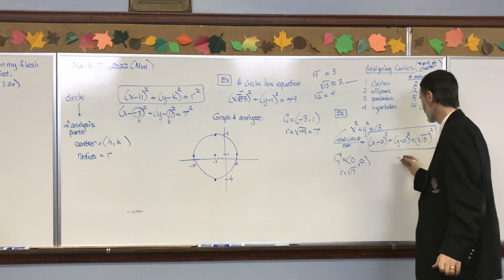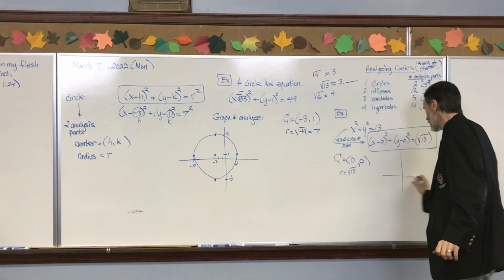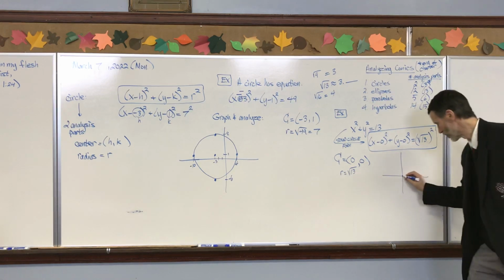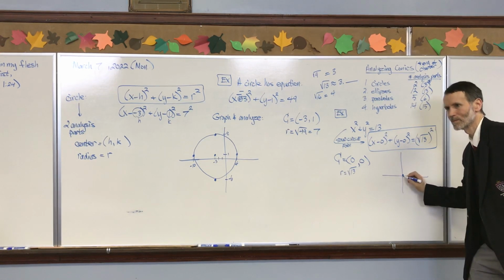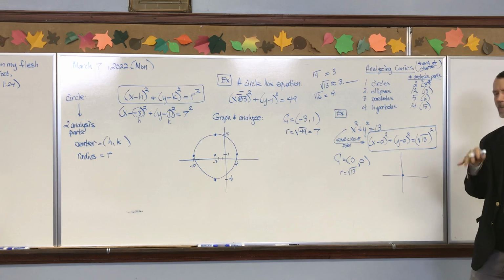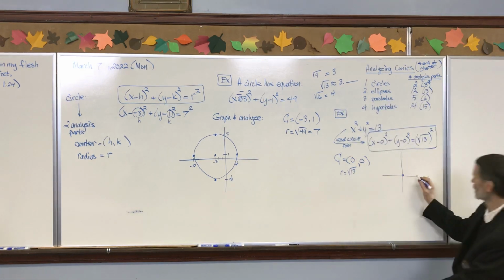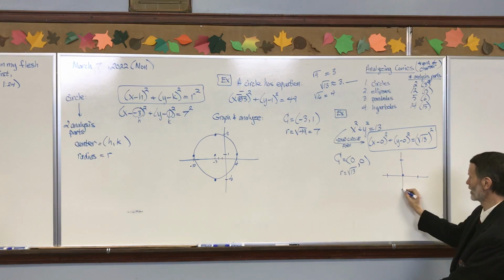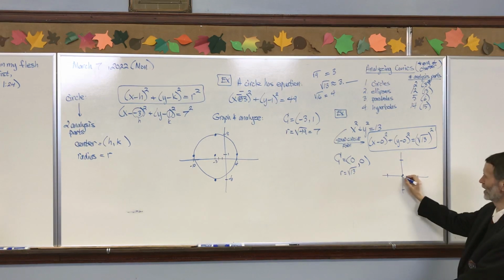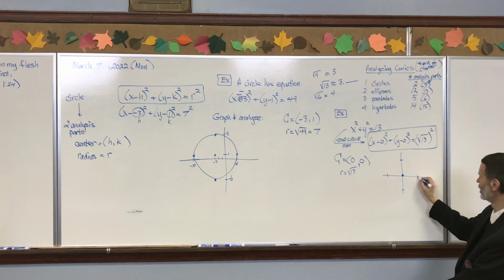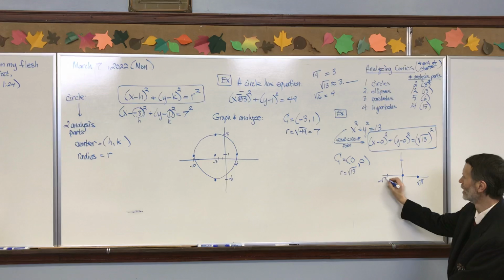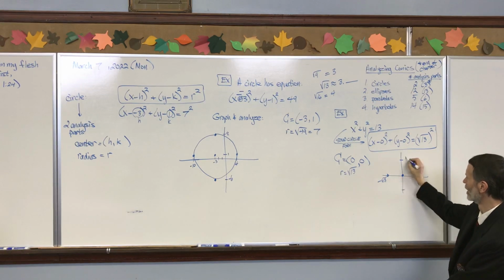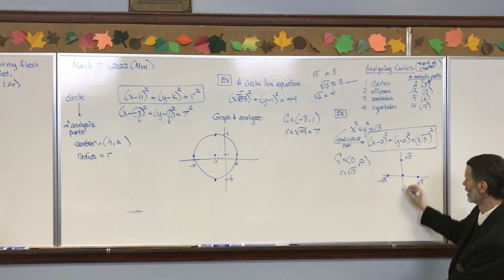What I would do in graphing this thing, start at the center, 0, 0. I'm going to do the radii. Remember my old high school math teacher, God rest his soul, said, if you label it, it's legal. I'm going to label this as radical 13, negative radical 13, radical 13, negative radical 13.